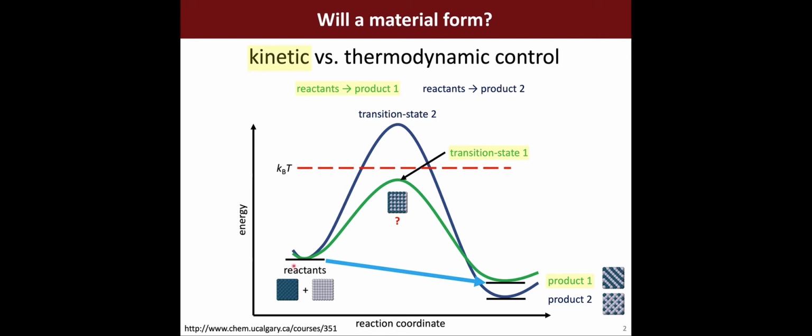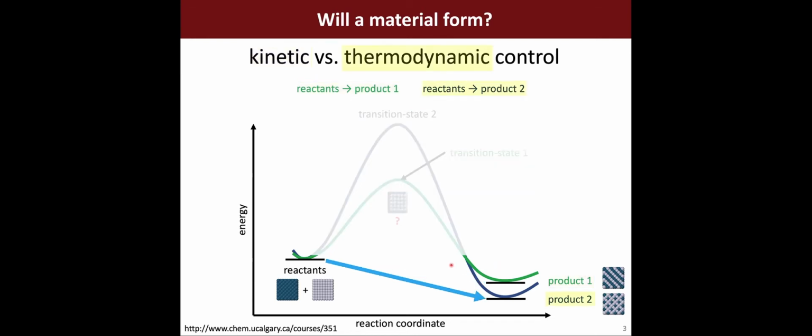So if we follow kinetically what the reaction should be doing, we see that for the pathway for product one, there's enough energy for the reaction to follow through its transition state where there's a higher energy state that's realized, and then we can realize product one. Product two virtually will not form because the energetics of the transition state are too high. So this is the result of what we would get if we're looking under kinetic control.